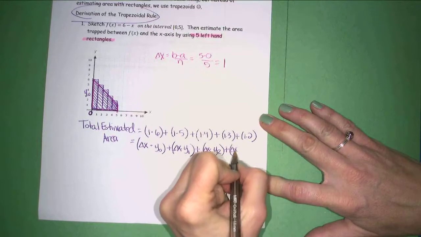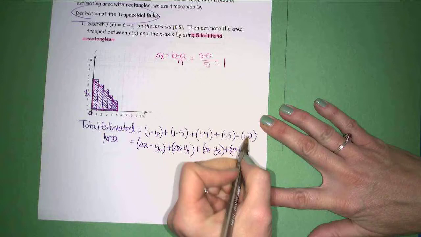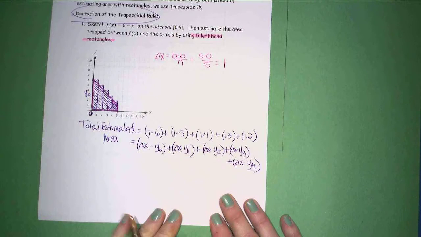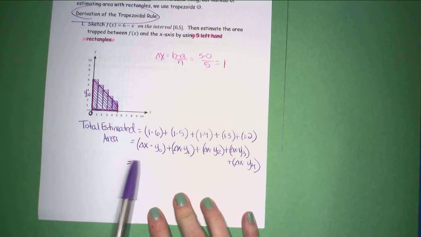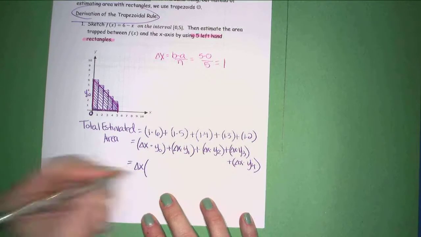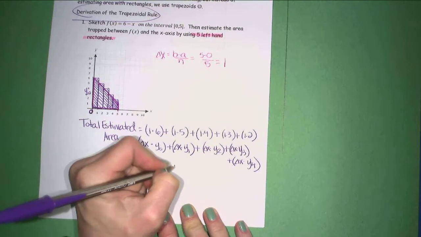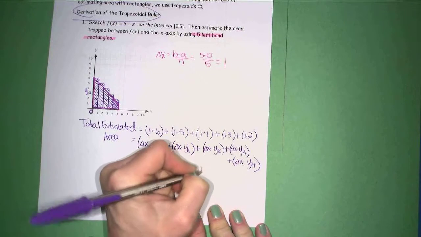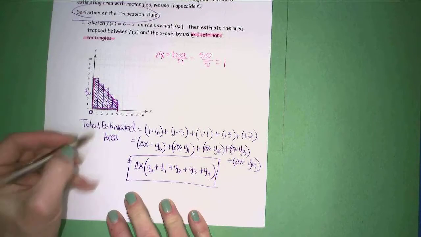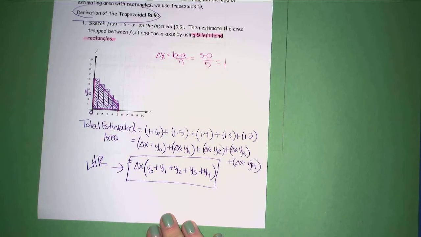Continuing on, delta x times the third y value, or actually I should say y sub 3, which is actually the fourth y value. And finally, delta x times y sub 4. Okay? And the last thing I'm going to do here, each of these terms has a delta x in common. So I'm going to factor out a delta x, which will leave me with y sub 0 plus y sub 1 plus y sub 2 plus y sub 3 plus y sub 4. So I want you to kind of box that in. This is my left-hand rectangle estimated area.